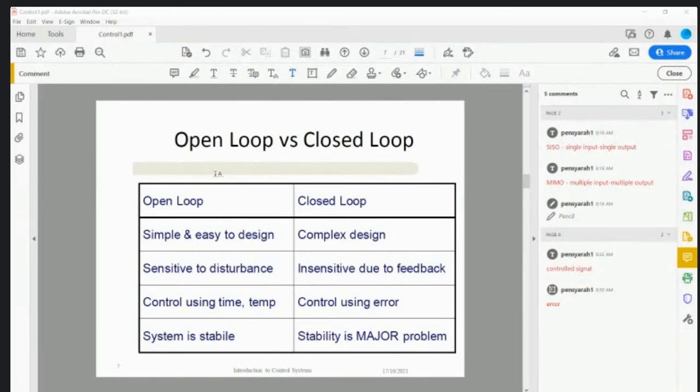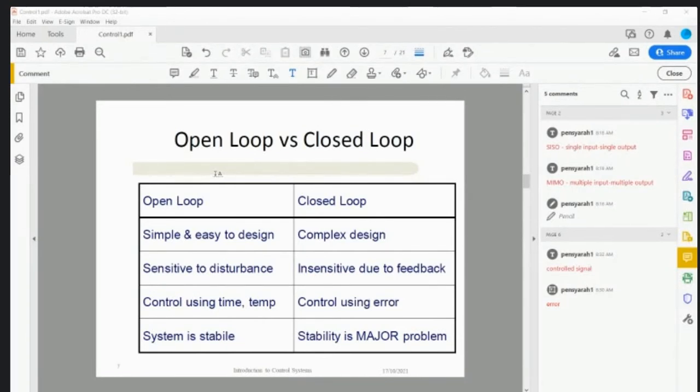What do you mean by a stable system? A stable system means the system will be able to provide you the output within a limit. It will not go beyond the limit. If that is the behavior of the system, we call the system stable.